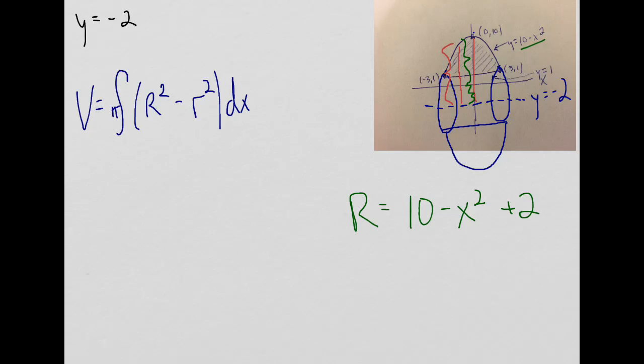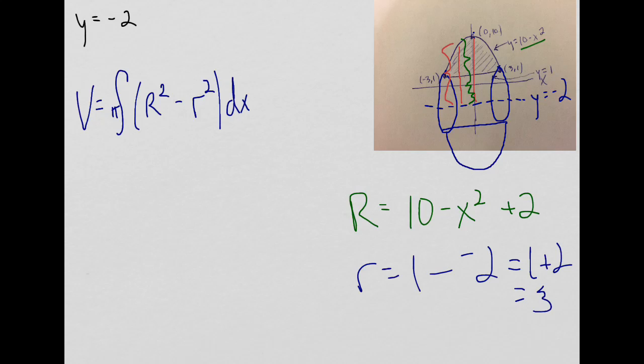So the next thing we have to do is find the little r. The little r is this length right here. And you should see that that little r is never actually going to change. It's not dependent on the x value. So I can look at the top, 1, minus that negative 2, to get 1 plus 2, which is 3.